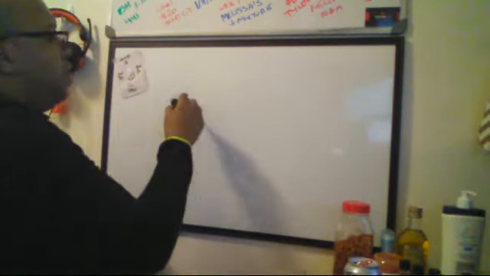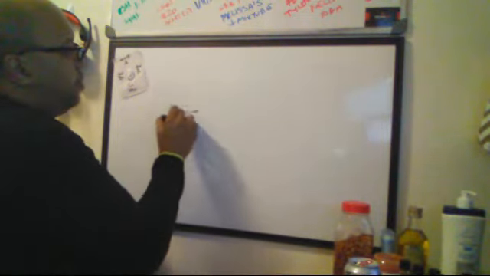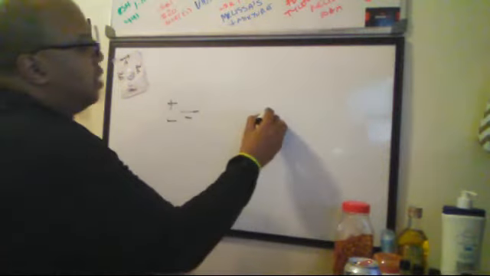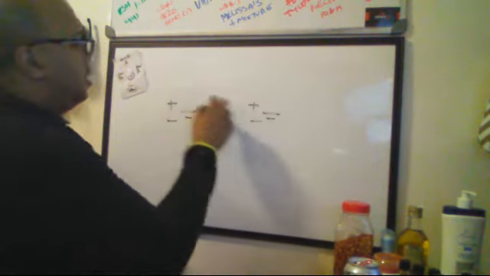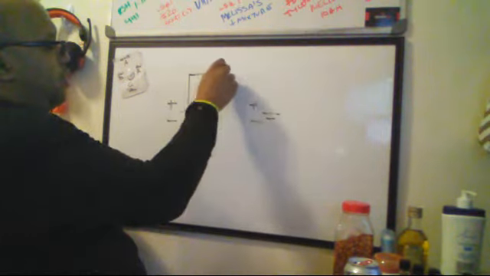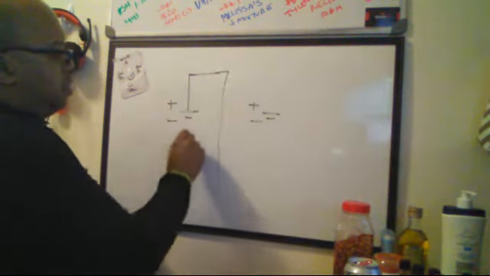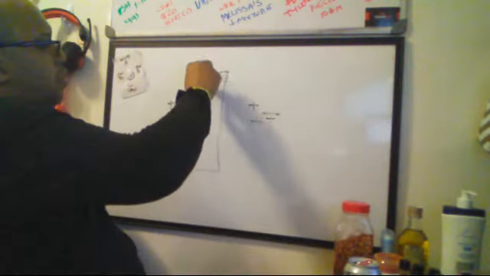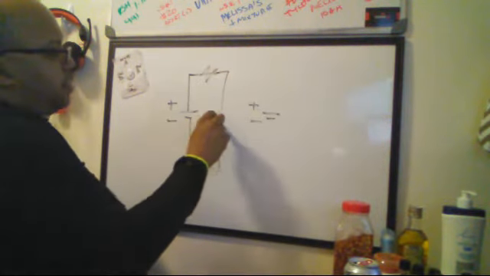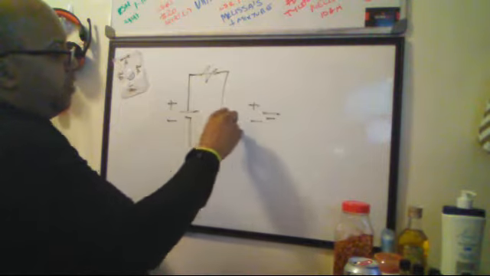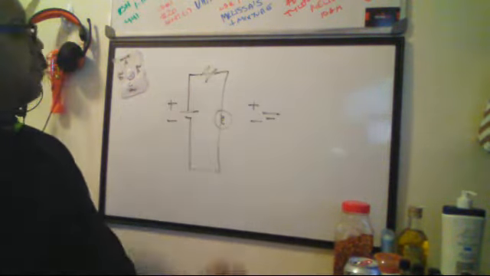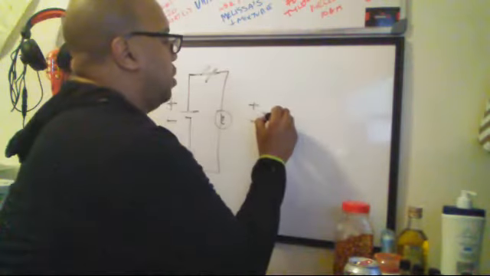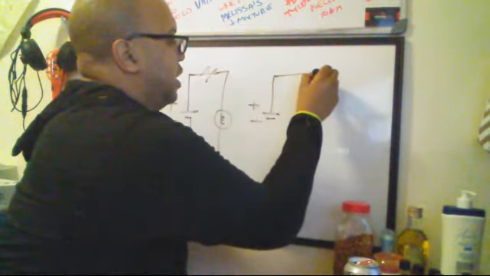Now, primarily you'll have a power source in this circuit, and you'll have a power source on this circuit. The series circuit will be like that. So you might have a resistor, you may have a light bulb, but there's only one path for electricity to flow, as opposed to the parallel circuit.